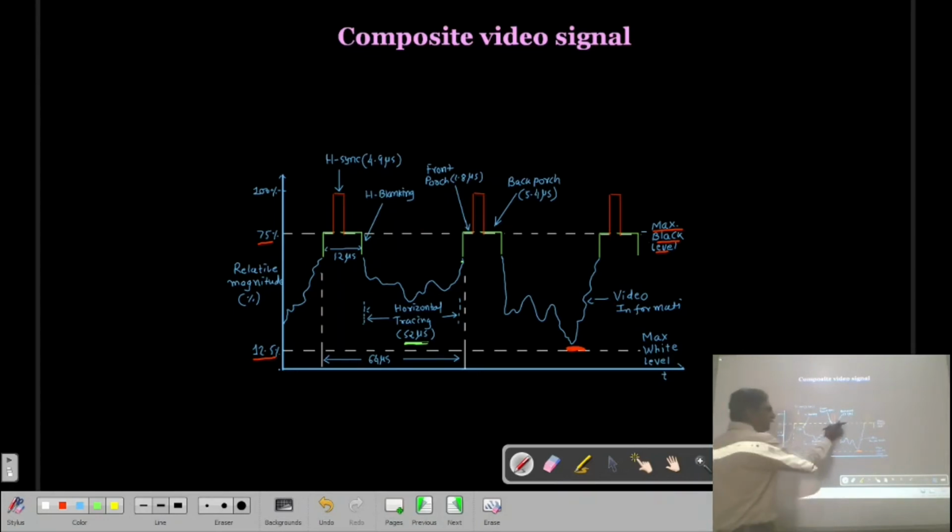Then we have a blanking pulse. This is a blanking pulse. And what is the time duration of this blanking pulse? It is 12 microseconds. And in this blanking pulse, the horizontal sync pulse is added like this. What is the time duration of this sync pulse? It is 4.9 microseconds.